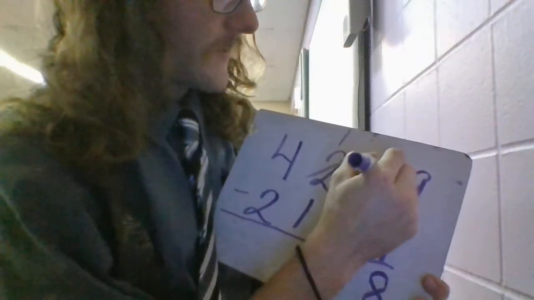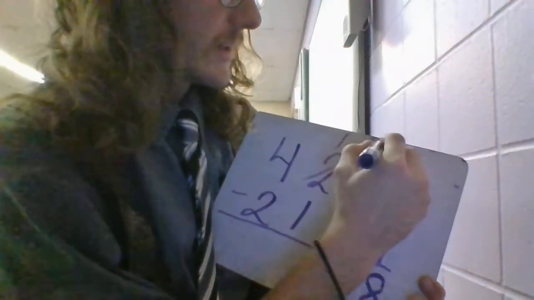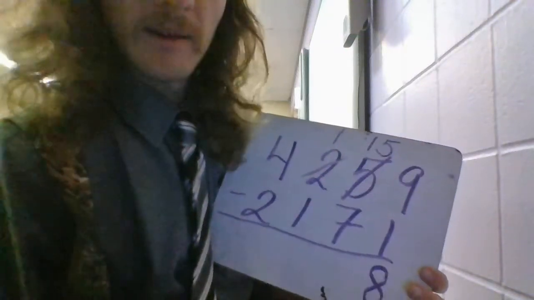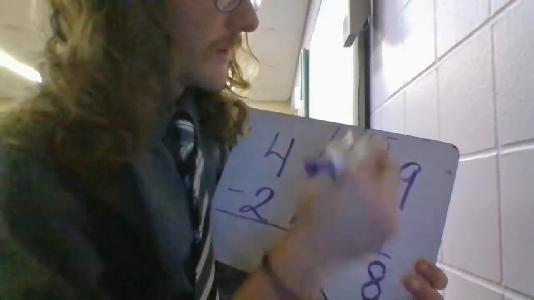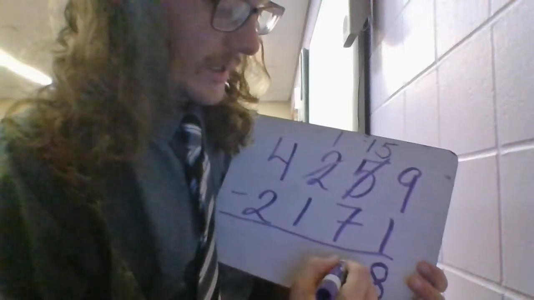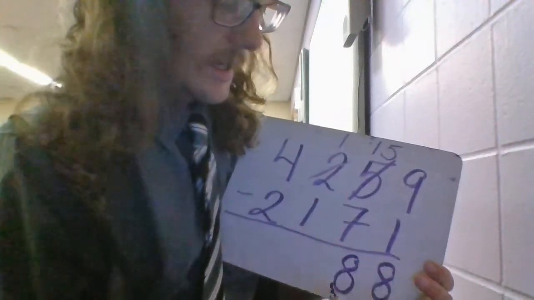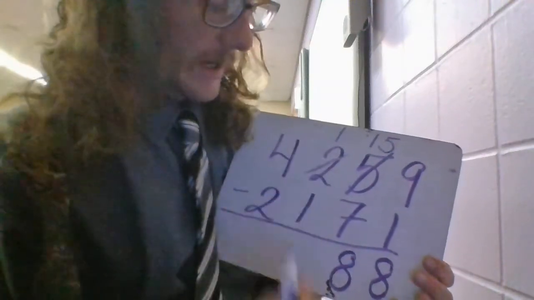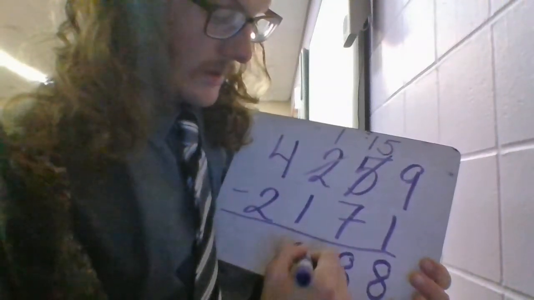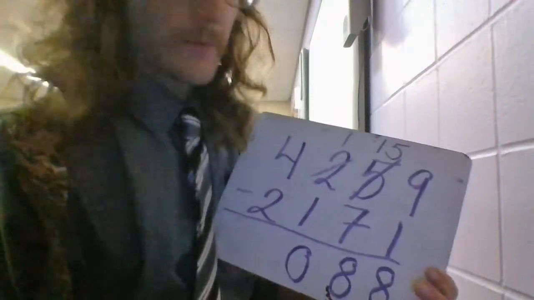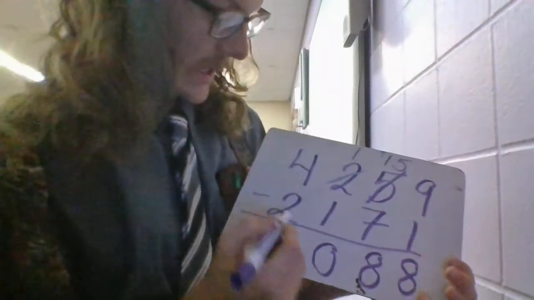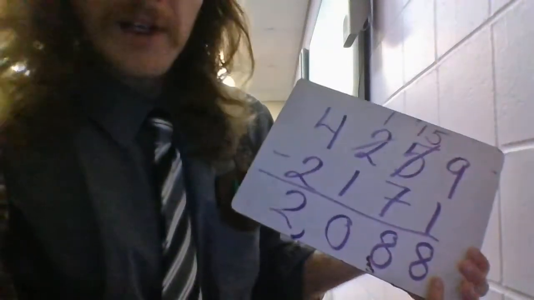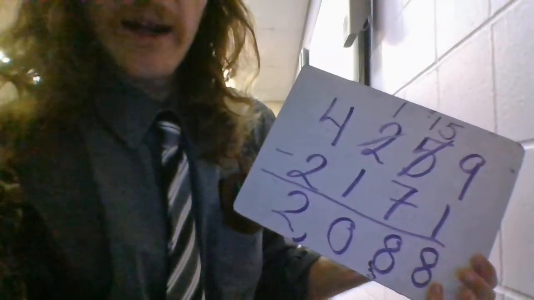And instead of 5, we put those 10 tens in here, and it gave us 15 tens. 15 minus 7 is 8. 1 minus 1 is 0. And 4 minus 2 is 2. Don't forget your comma. 2,088.